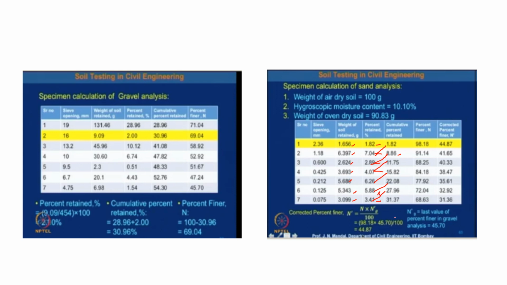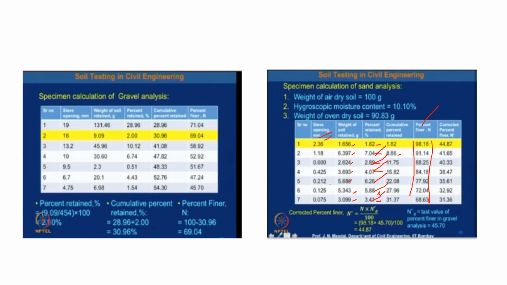This corrected percentage we generally do when we go for the cumulative plot, so no need to worry about it now. Up to this is what is important. Now you plot a graph between percentage finer and sieve opening.